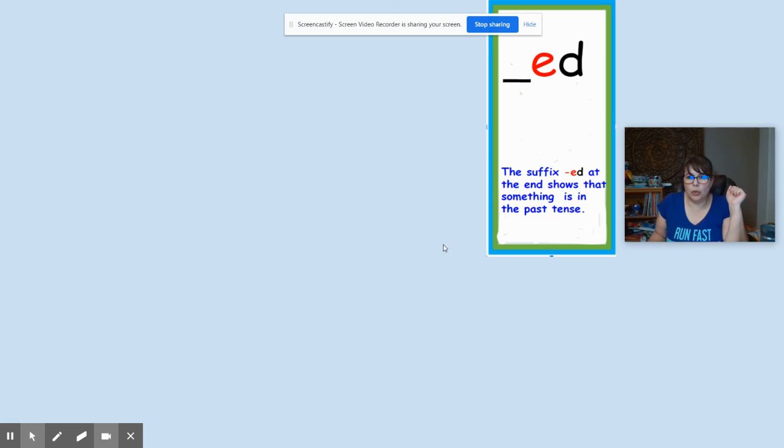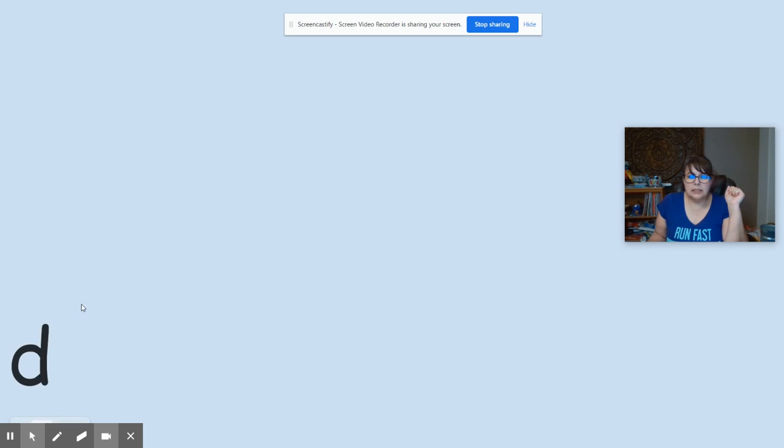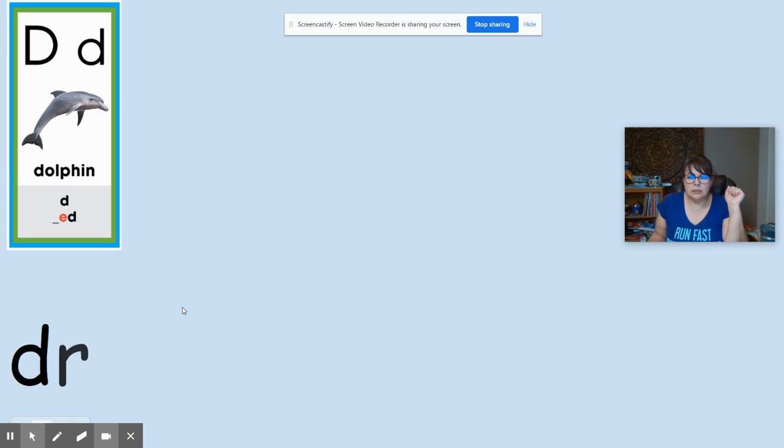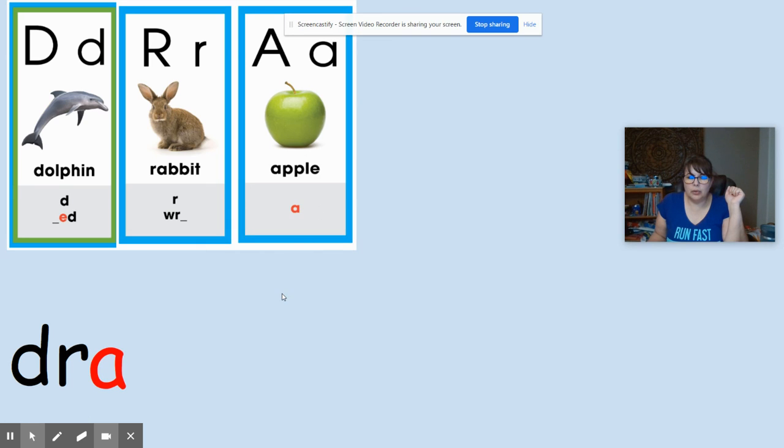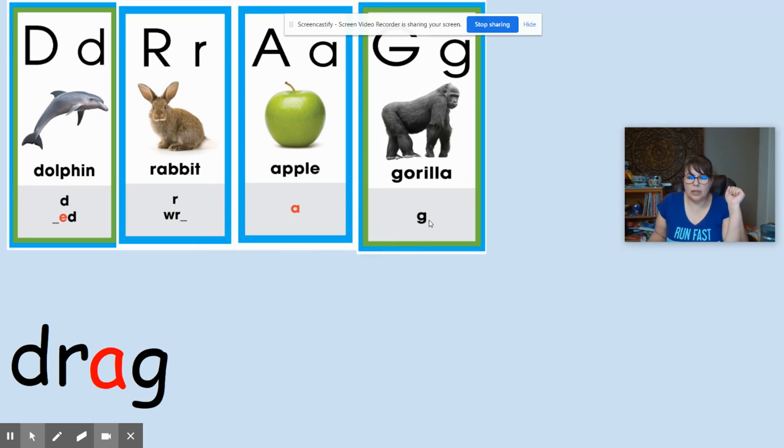Okay, again, we're working with the ed, which is in the past tense. D, like in dolphin, R, like in rabbit. We blend, dr, a, like in apple, g, like in gorilla. And the word is drag. Okay, drag is one syllable. It has a short vowel and it has one consonant.